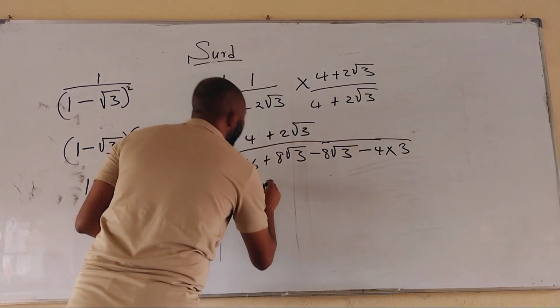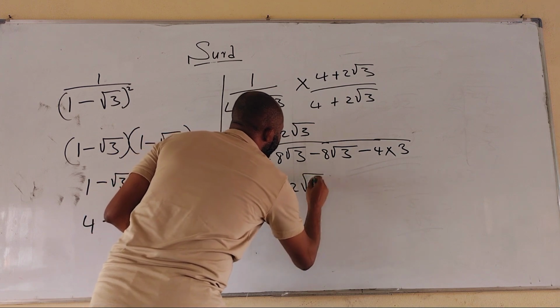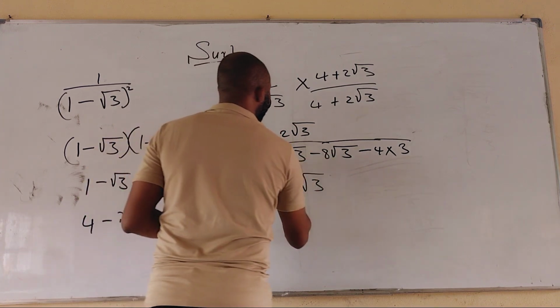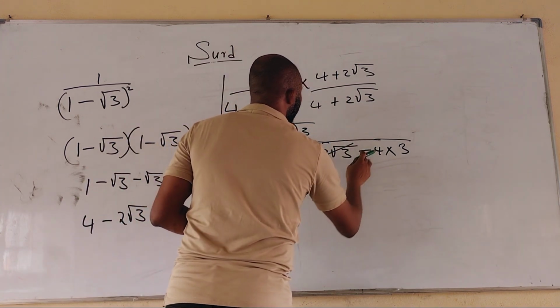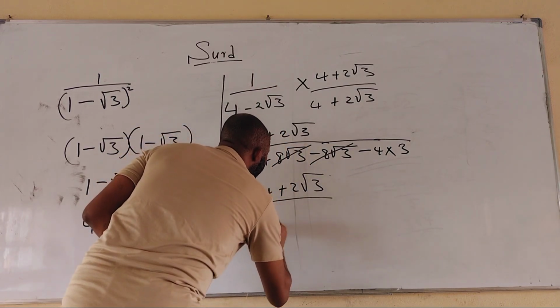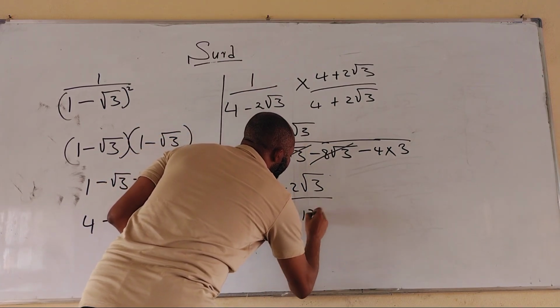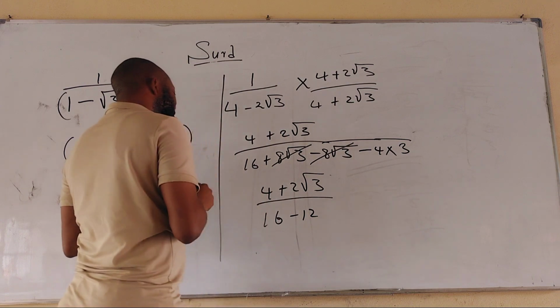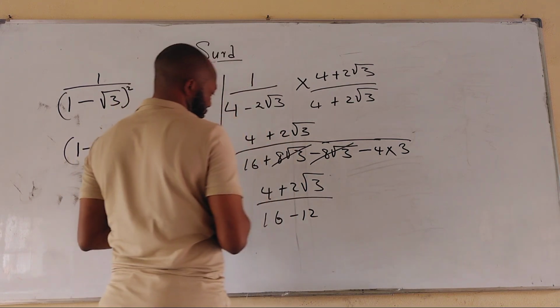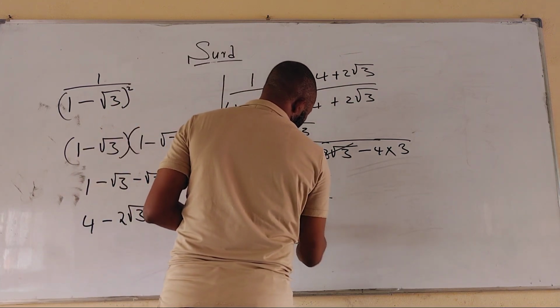So I come back here, I have 4 plus 2 root 3. Now these two are the same, so I cancel them. This is 16 minus 12, which is 4.